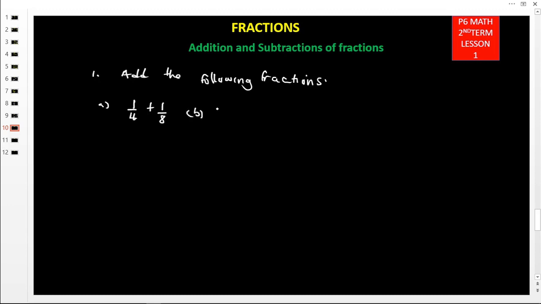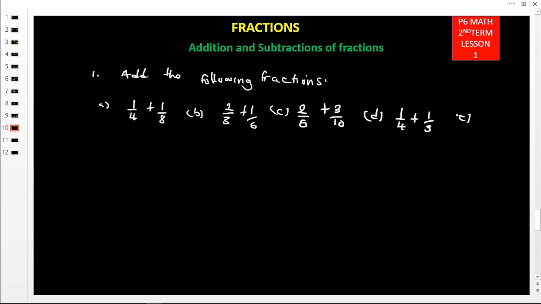Then part B here, we are having 2/3 plus a sixth. We have 2/3 plus 1 out of 6. Then part C here, we are having 2/5, then plus 3/10. Then part D, we are having a quarter, then plus a third.